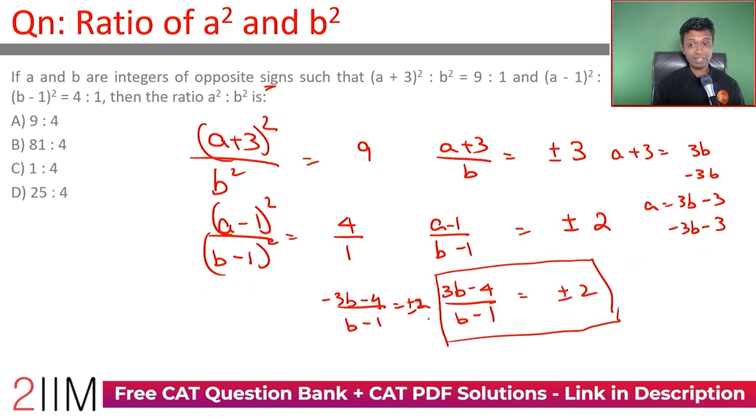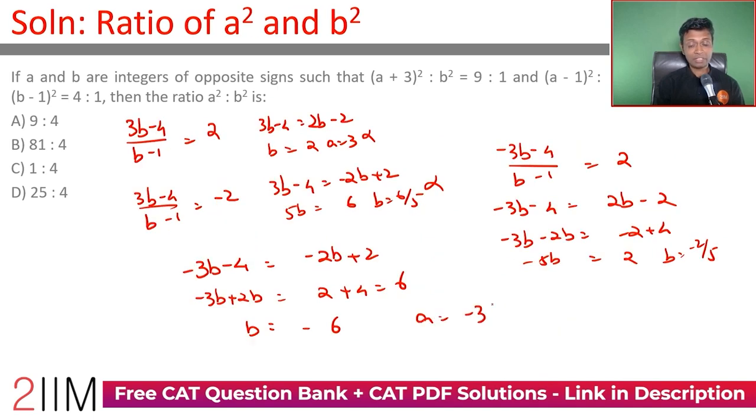In this case we have made the assumption that a is minus 3b minus 3. a should be minus 3 into minus 6 minus 3, which is 18 minus 3, 15. Fine, so a is 15, b is minus 6 works.